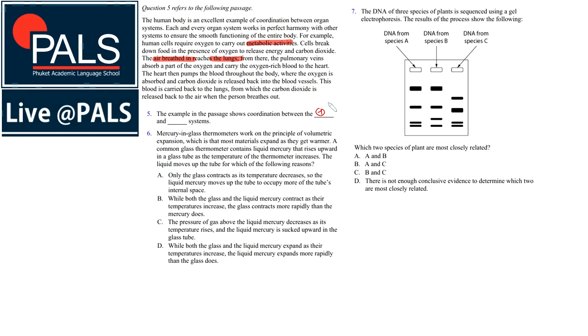So one is the respiratory system, and it is as well about the blood vessels and the heart, and this second system is the circulatory system, sometimes also called the cardiovascular system, cardio referring to the heart, vascular referring to the blood vessels.